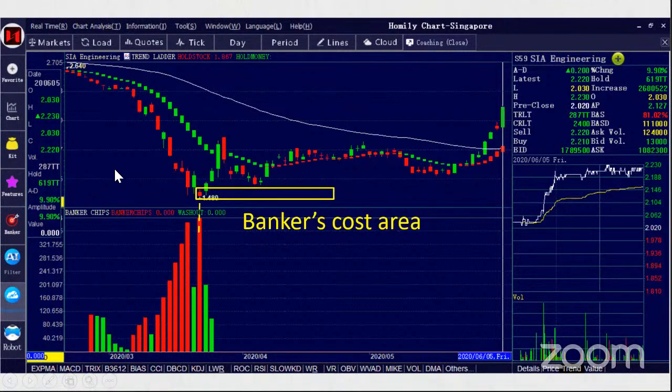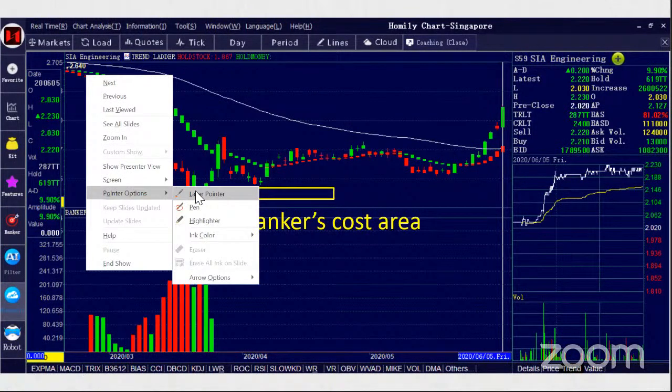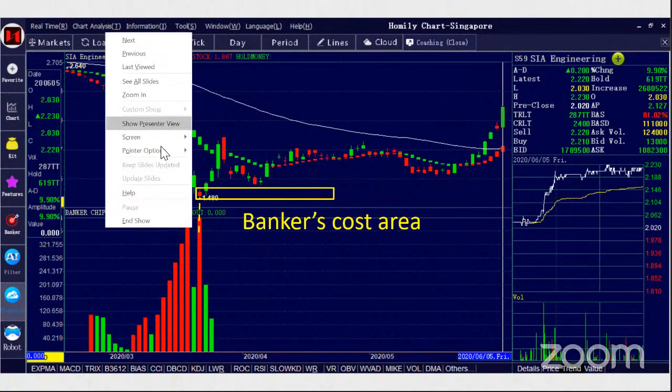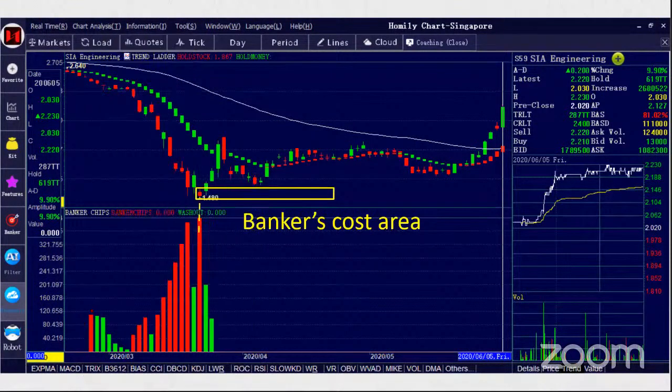Firstly, let's check, for example, here, when we see this red bar of banker chips, after that we have a green bar appear. A lot of green bars appear, right?